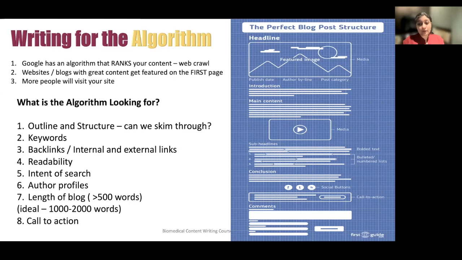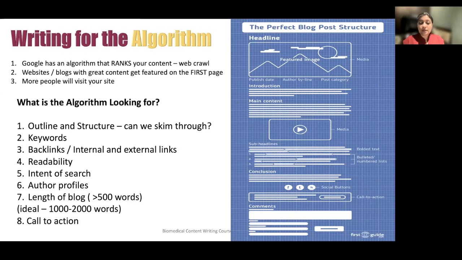You may be talking about blood, but has it really fulfilled what the reader wanted to know? They wanted to know about ways to test your blood. So in that way, we need to make sure that our content is structured so that it fulfills a certain search criteria or intent of search.